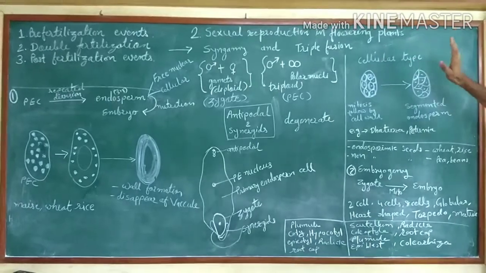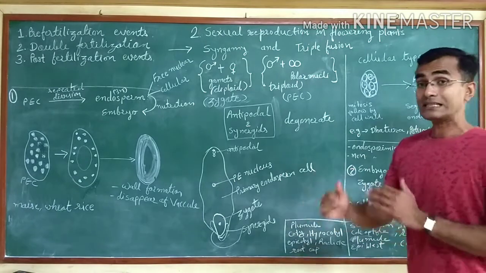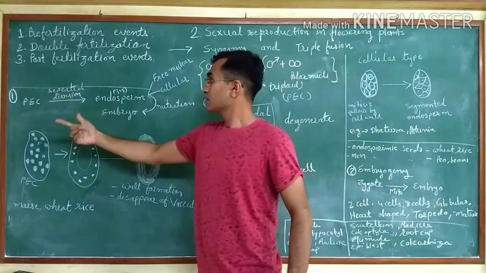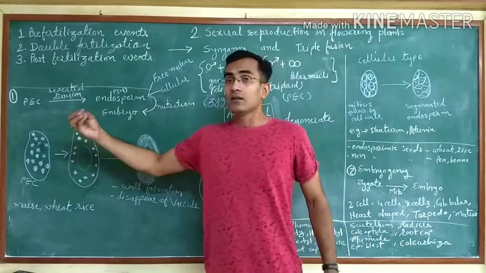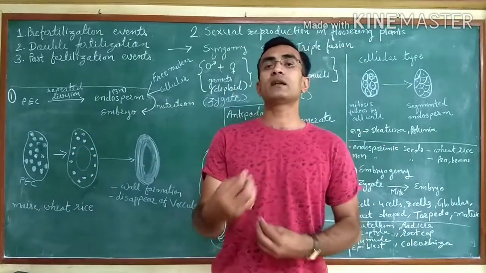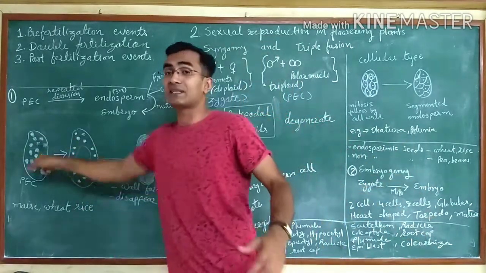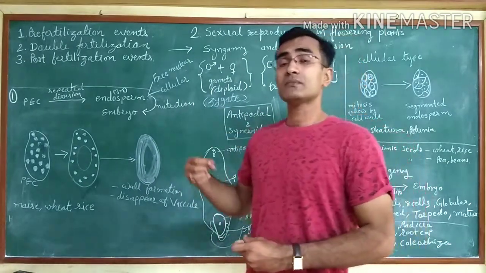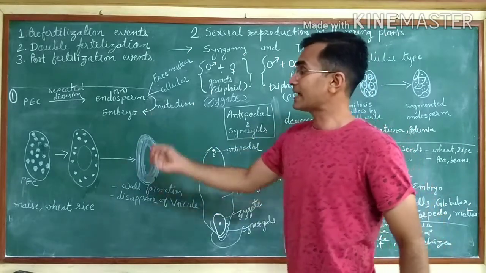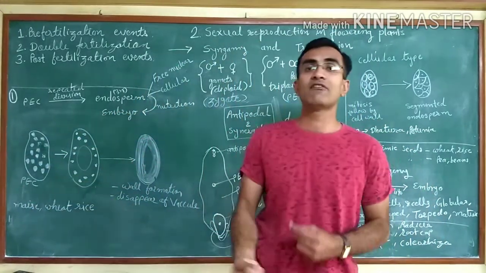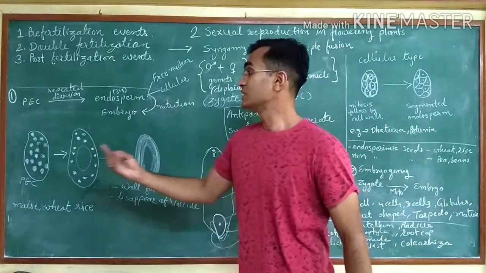Okay, now over here you can see the second type of formation, that is the cellular type. It is completely opposite to the free nuclear type. How? As I said, in the free nuclear type, the nucleus is divided multiple times mitotically and forms a multinucleated chamber. But in the cellular type, opposite to that, as soon as cell division takes place, they form the cell wall around the nucleus.